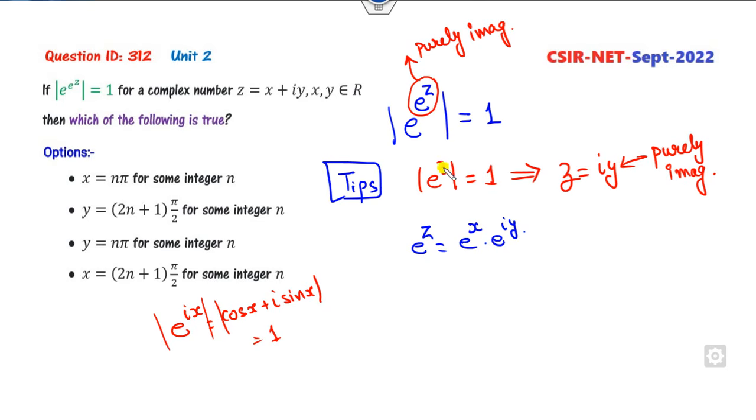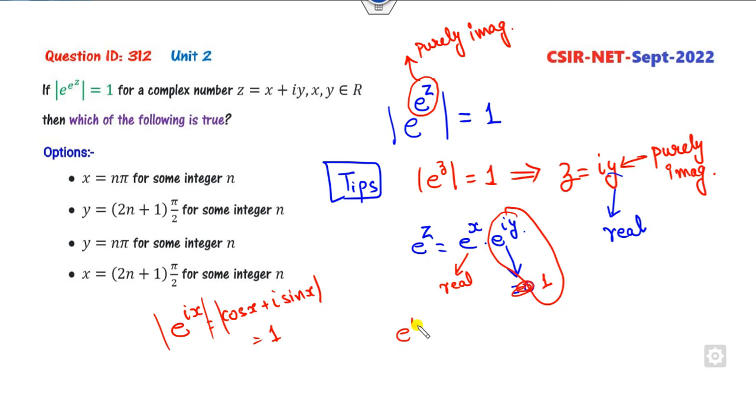So z is here, y is a real number, then it will be purely imaginary, because if y is imaginary, then it's real. So y will be a real number. So this part must be 1, because if this is 1, then it is real. So I substitute 1 here, it will be 1.